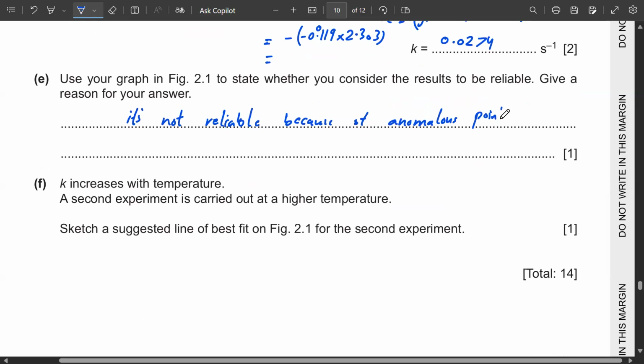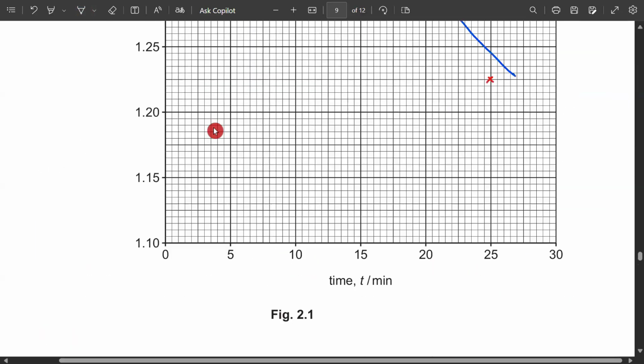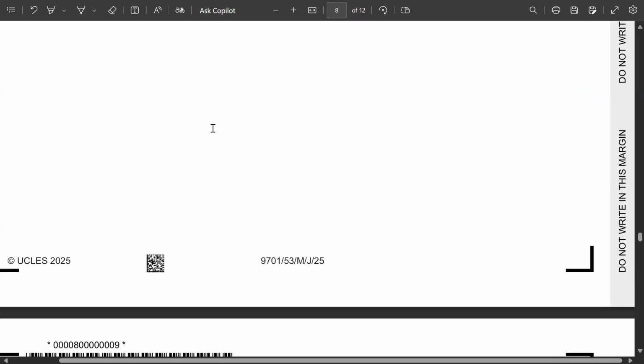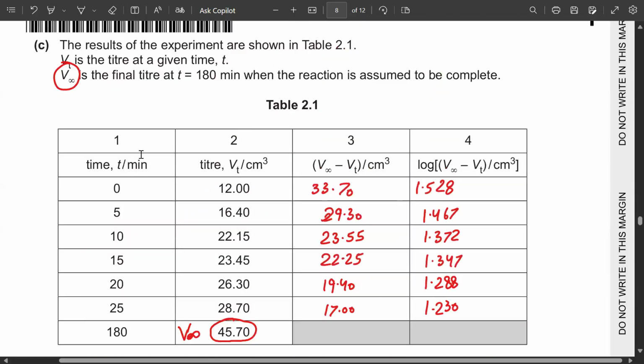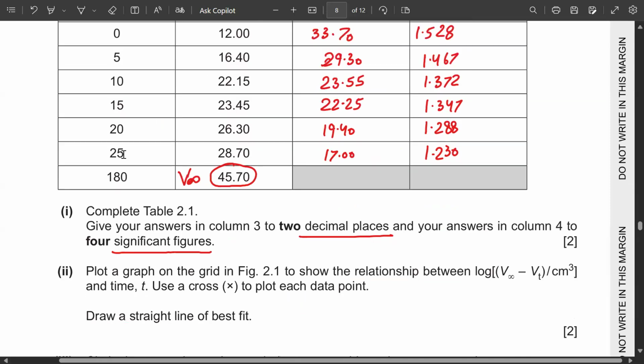Then the last part: k increases with temperature. A second graph is carried out at a higher temperature. So sketch a suggested line of best fit on figure 2.1 for the second experiment. The second experiment is done at a higher temperature. When the temperature is increased, the rate of the reaction increases. That means the time for that particular reaction should be lesser, so these values become lesser.